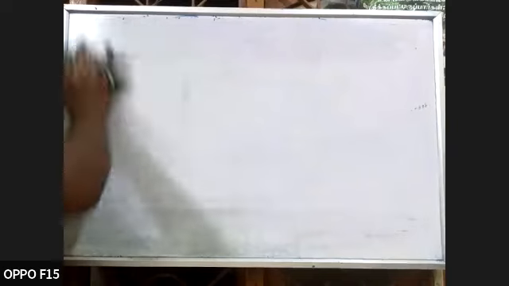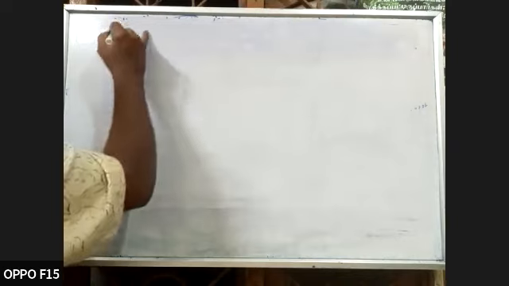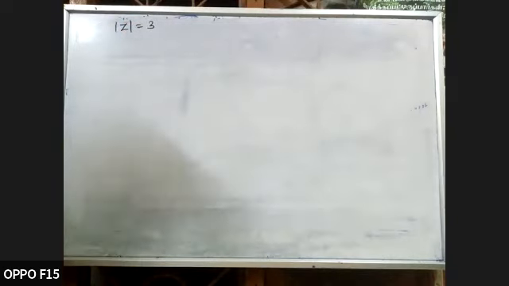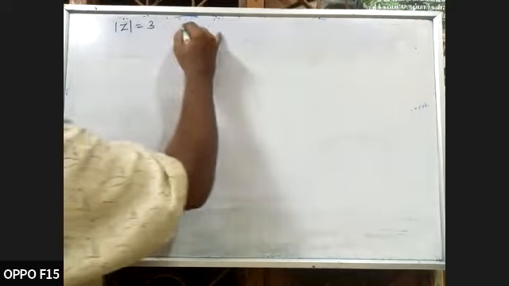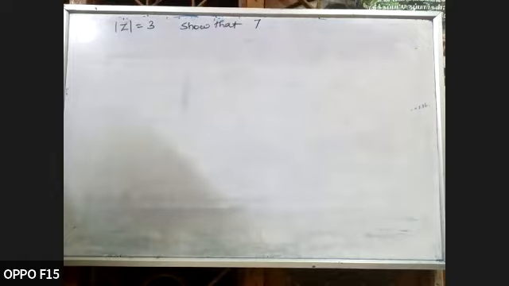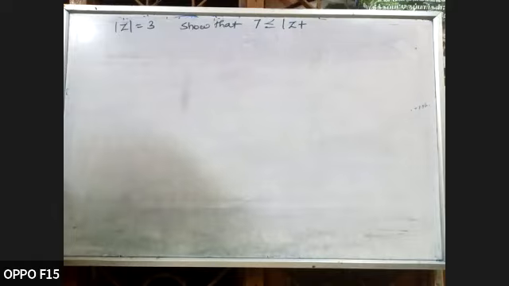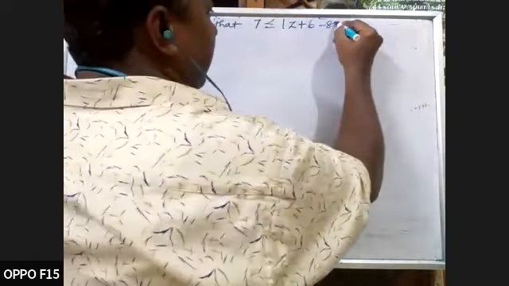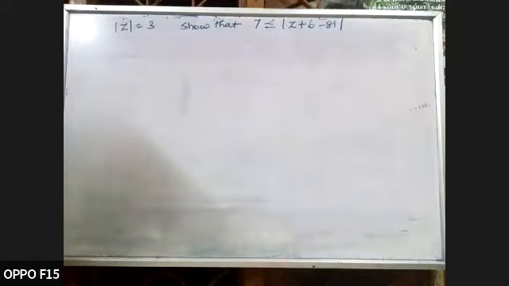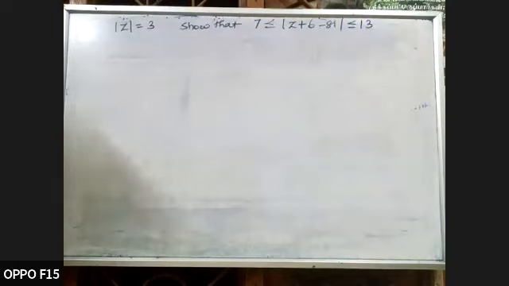The next one: if modulus of z is equal to 3, show that 7 is less than or equal to modulus of z plus 6 minus 8i, which is less than or equal to 13.